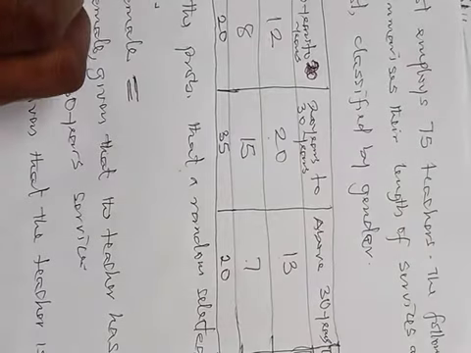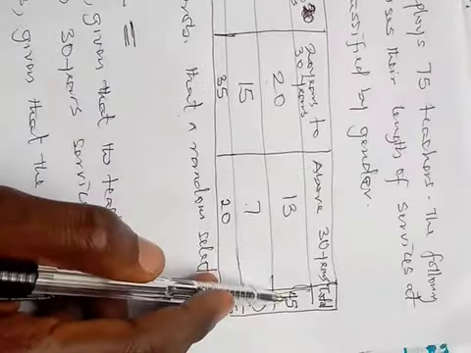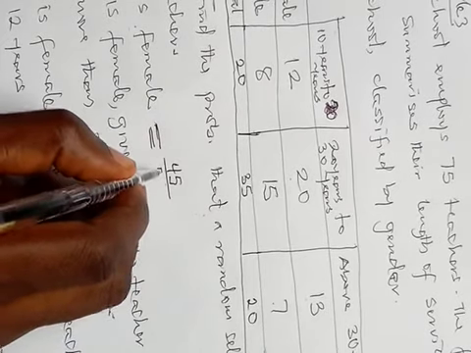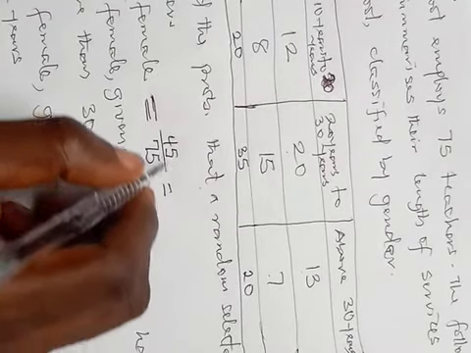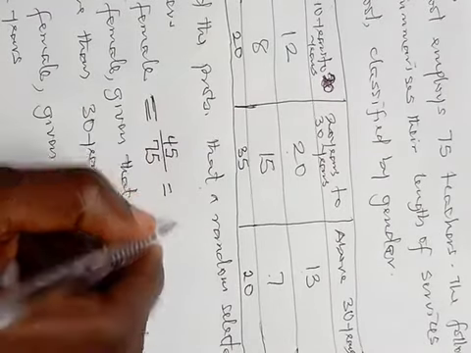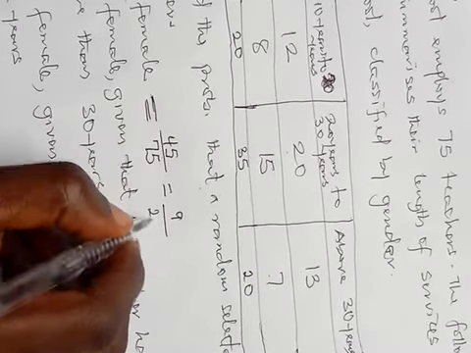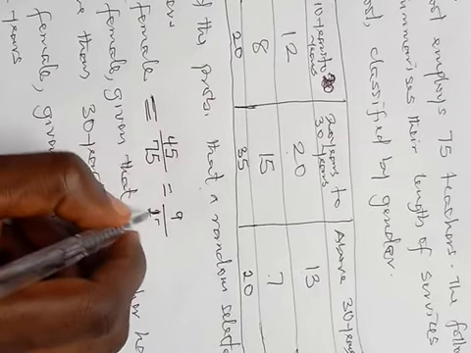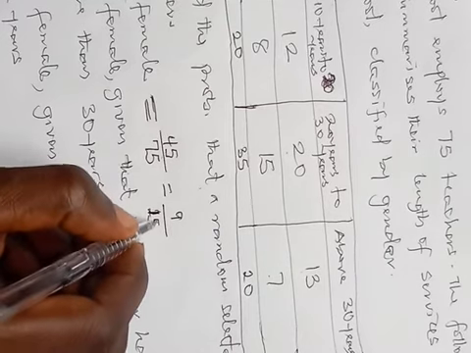So for the probability of getting a female, you go to the column of female. How many females do you have? We have 45 in number. So the probability of picking a female becomes 45 over 75. Of course, you agree with me here that 5 can divide this. 5 goes in 45, that is 9. 5 goes in 75, that is 15.